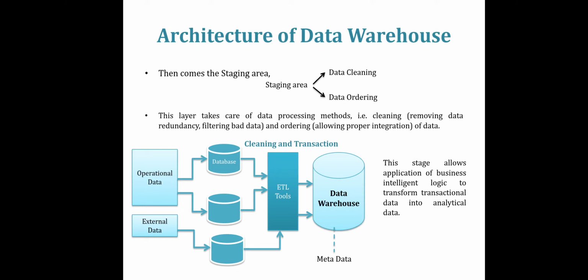So we are storing unified, well managed, well ordered data in this data warehouse. This stage allows the application of business intelligence logic to transform the transactional data into analytical data. So here we are transforming data into analytical data.